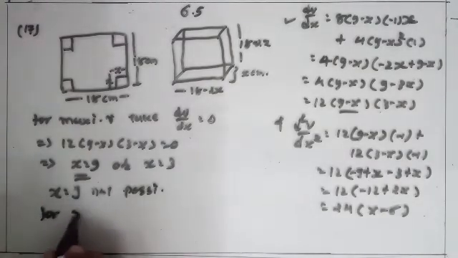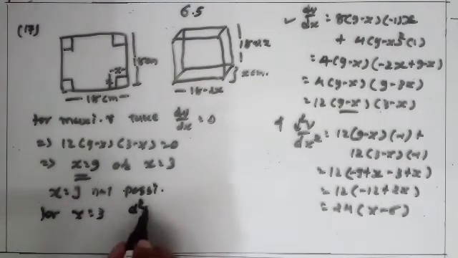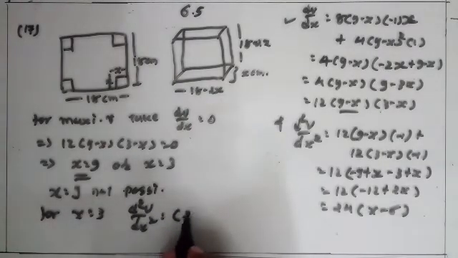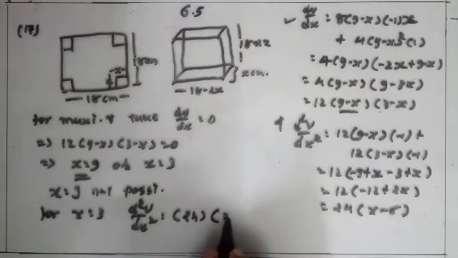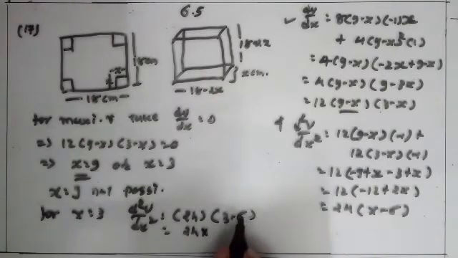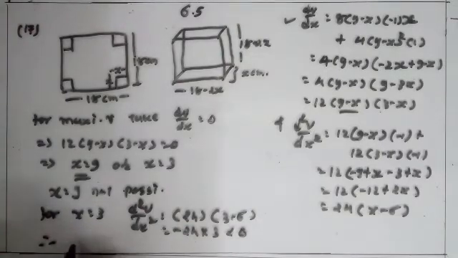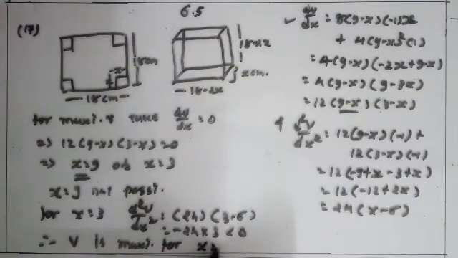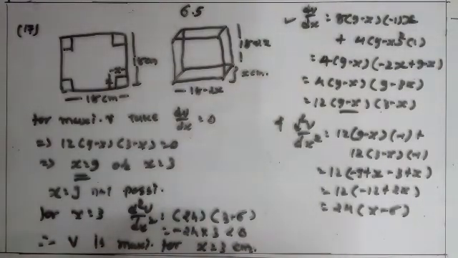For x equal to 3, the second derivative d square V/dx square is 24 into (3 minus 6), which is 24 into minus 3, so less than 0. Therefore V is maximum for x equal to 3 cm, that is, the length of the cut square is x cm.